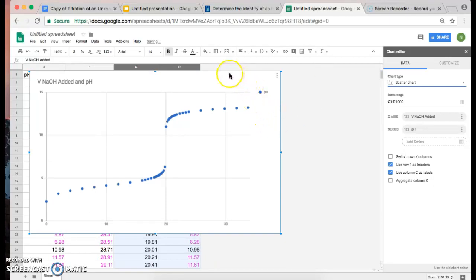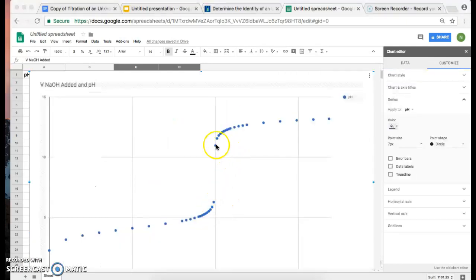All right, so as you can see my points, it does look like a pretty decent curve. Maybe I could have reduced the gap in this section, for example, because there's a huge gap here, but that's okay. So I know that my equivalence point has to be somewhere between these.